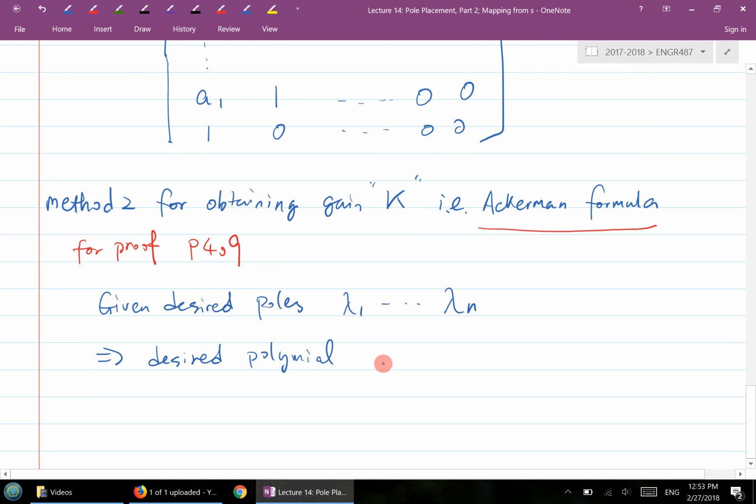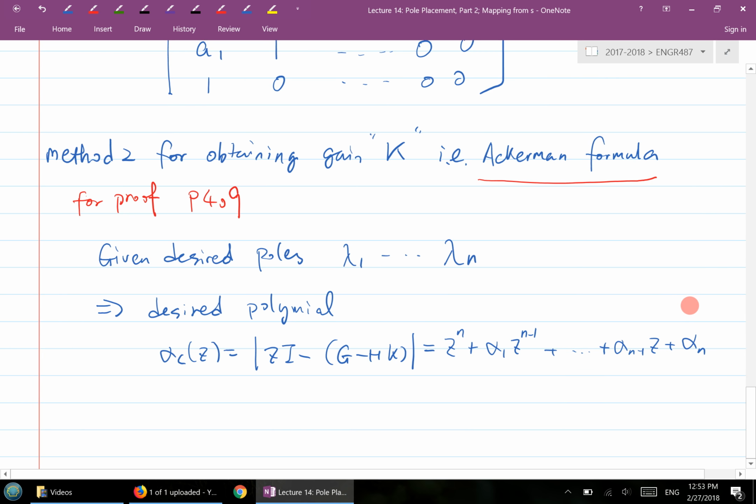I listed it at the beginning of the lecture, so we call it alpha c of z. That's basically the characteristic equation of the closed loop system. That's given: you have the desired pole locations, then you will have the desired characteristic equation here.